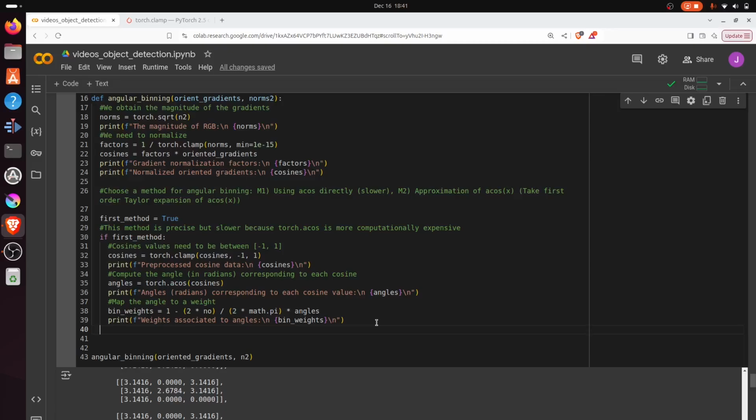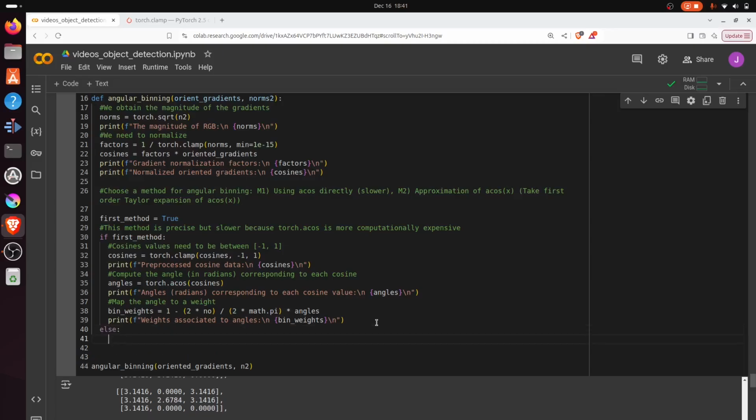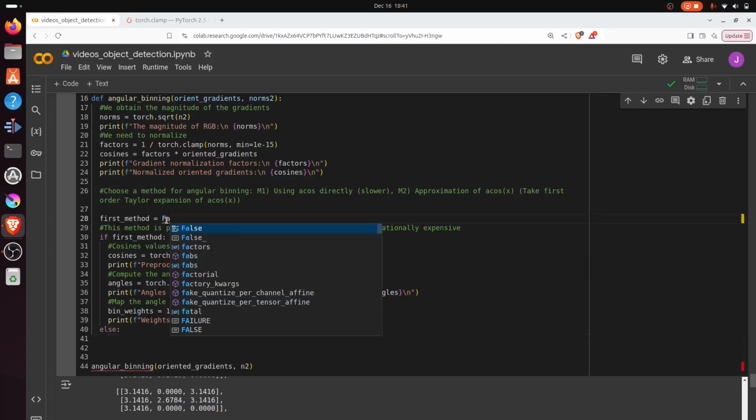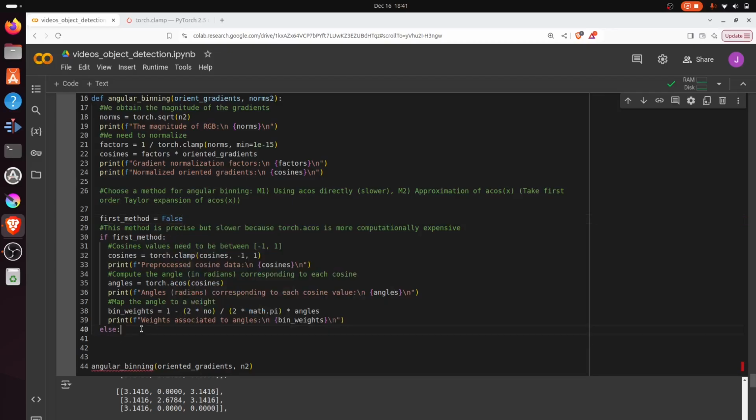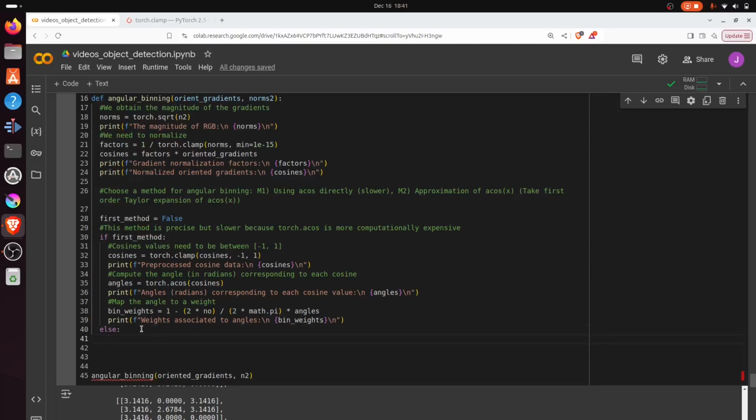In that case, we would use the approximation of the arc cosine. So let's do that right now. In case the first method is not the best option, we use the approximation. So let's go ahead.